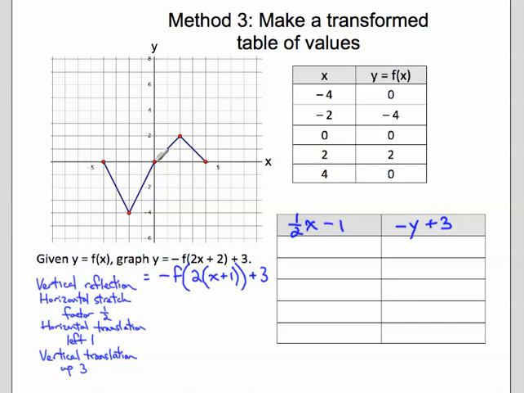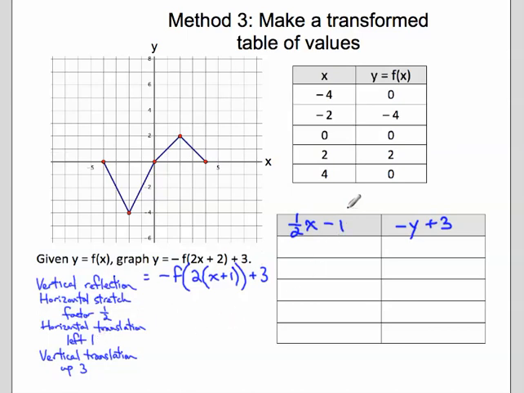For example, if a point had an x value of 0, to move it left by 1, it would now have an x value of -1. So that half x minus 1 represents the horizontal stretch factor of a half being applied to the old x value, and then the translation of left 1 being applied to the old x value.